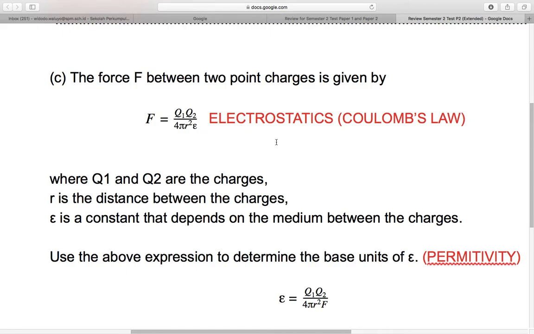So this is actually the constant that depends on the medium, which we call the permittivity.